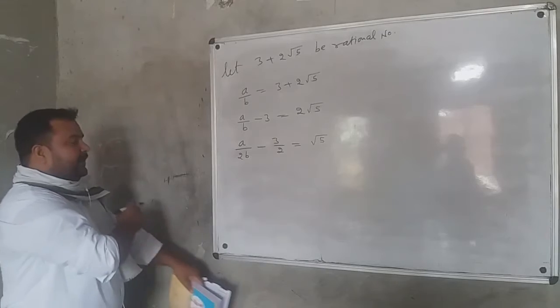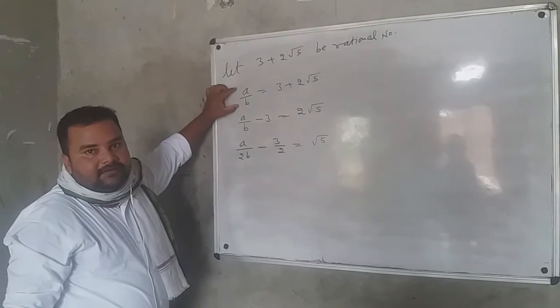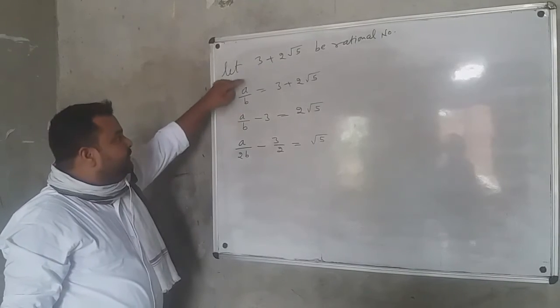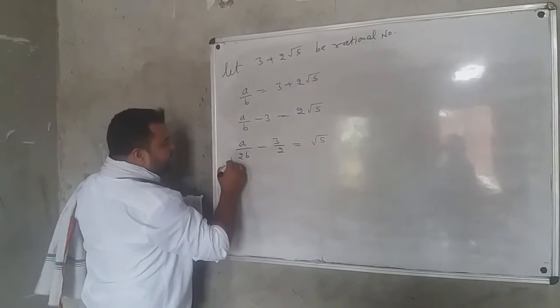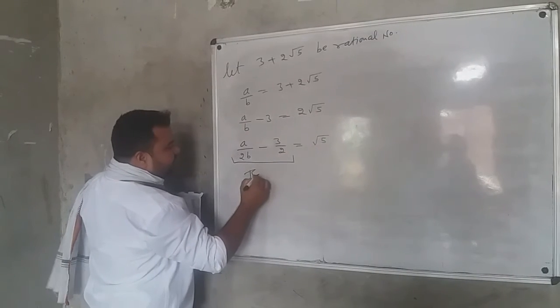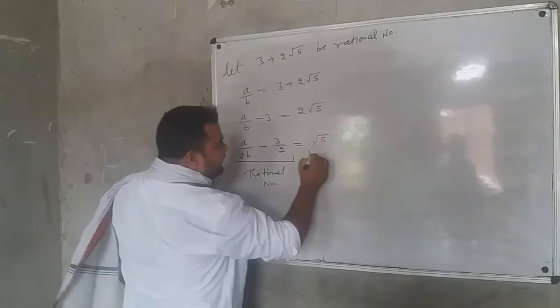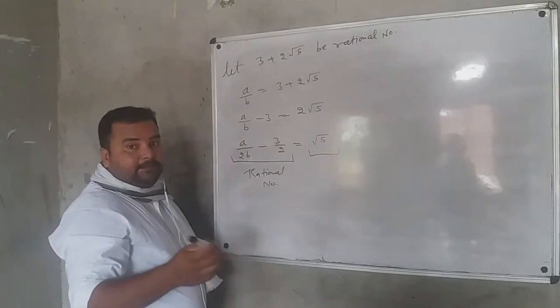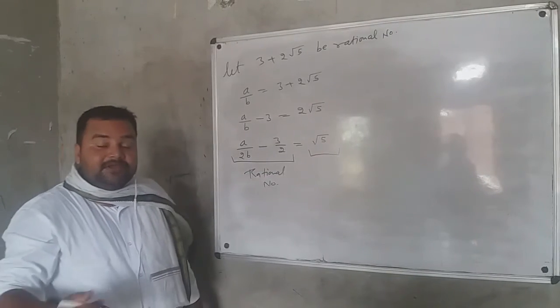Now look at this, beta. a and b are integers, and they make rational numbers. So this whole expression will become a rational number. And here we know the fact that when we take square root of prime numbers, they become irrational.